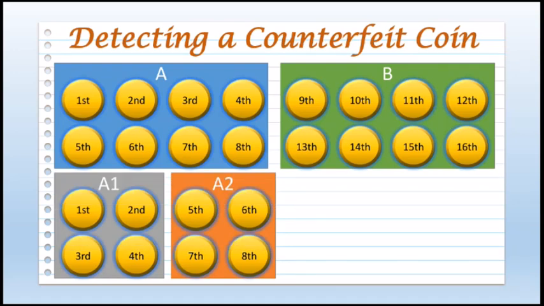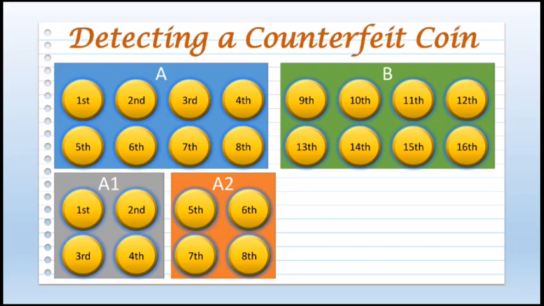So from set A, again we will divide that group into two separate parts. Suppose the first is named A1 and the second one A2. Now in A1 there are 4 coins, and in A2 there are again 4 coins. Now we will compare A1 with A2.